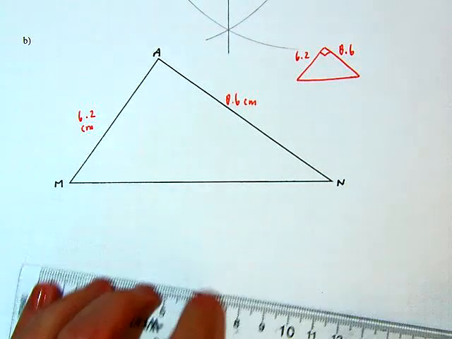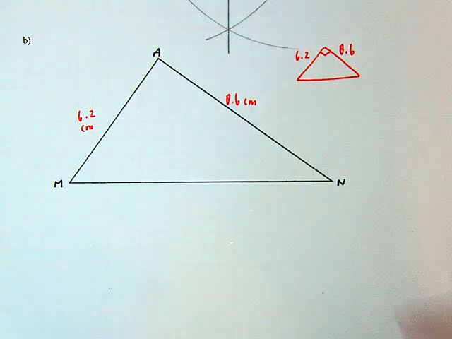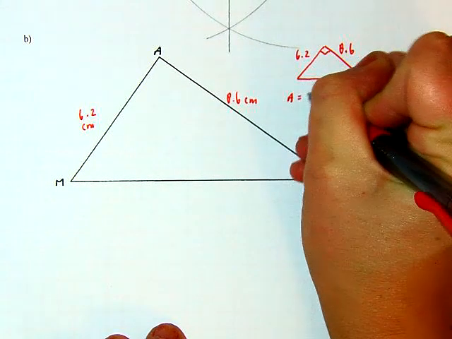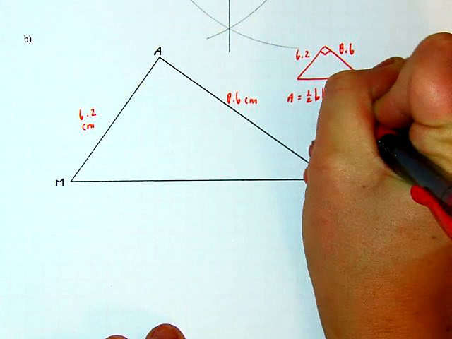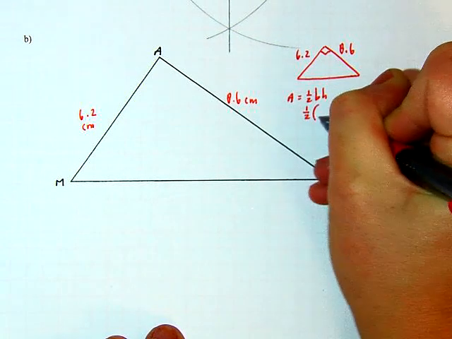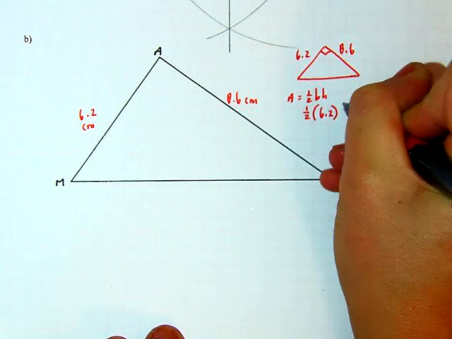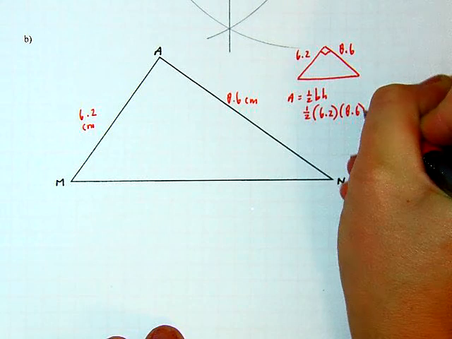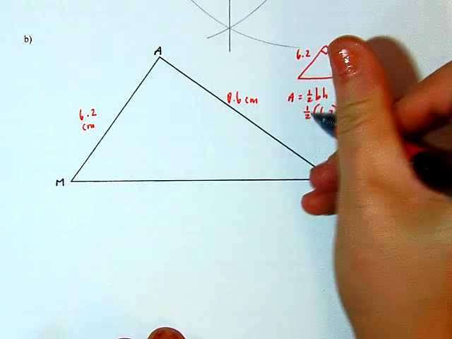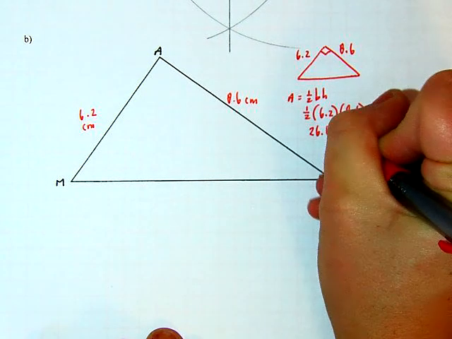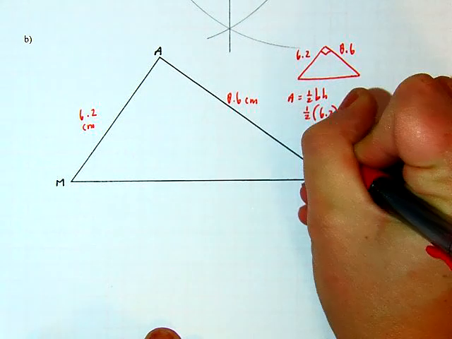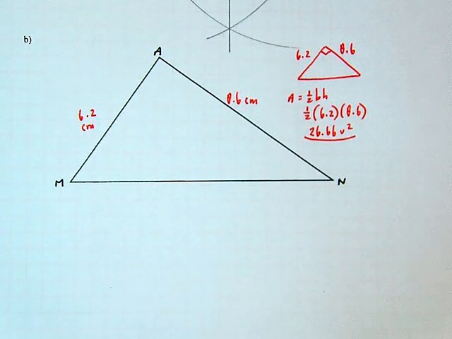So if I use my two legs, because it's a right triangle, area is 1/2 base times height. So half of 6.2 times 8.6. And when I multiply across, that's going to get me 26.66 square units.